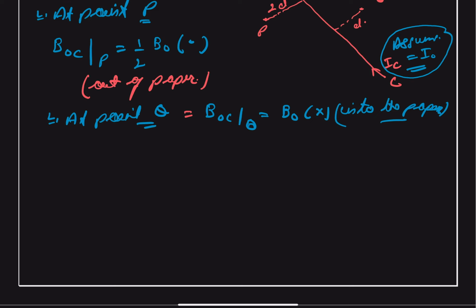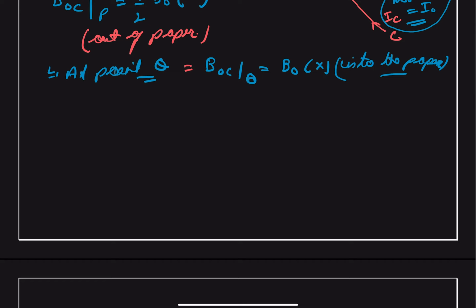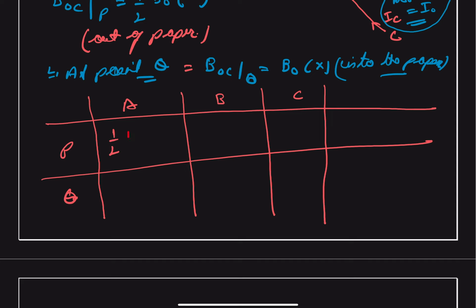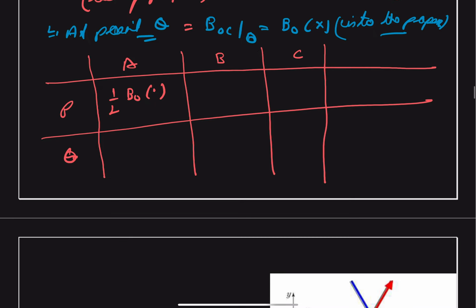So let us prepare a table for the various values which we just calculated. We have 2 points P and Q. We have rod A, rod B, and rod C. For rod A at point P, we got half B naught, and for rod A at point Q, we also got half B naught, along with their direction.